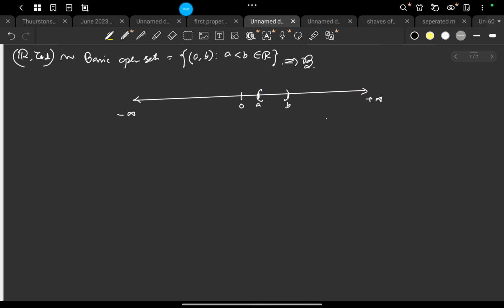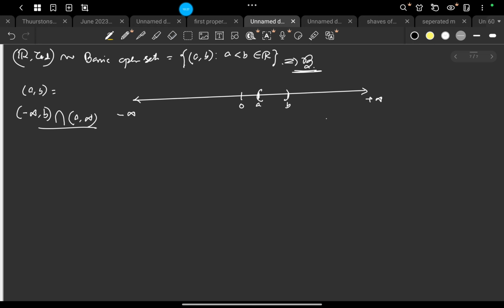So basically (a, b) is nothing but (minus infinity, b) intersection with (a, infinity). Okay, so these are the subbases for this topology of this basis B.